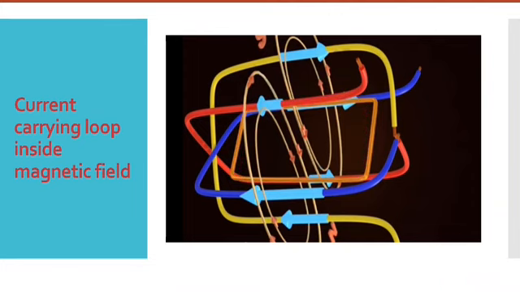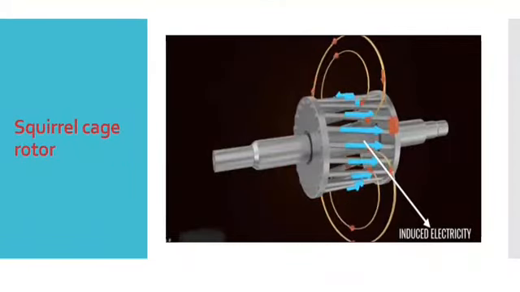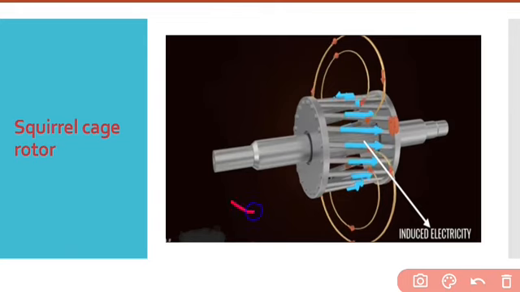You can see in the picture the squirrel cage rotor, which has different bars. The three-phase AC current passing through the stator produces the rotating magnetic field, and current will be induced in the bars of the squirrel cage, which are shorted by end rings.